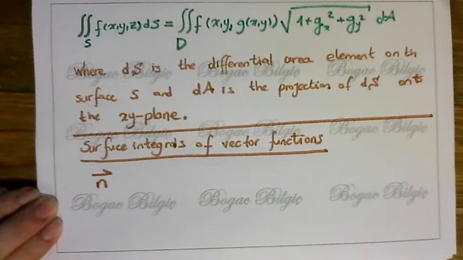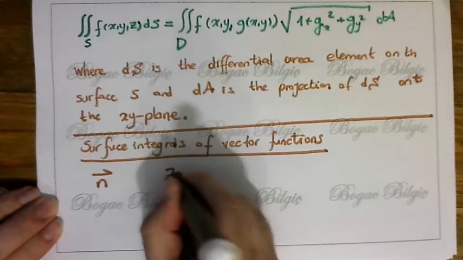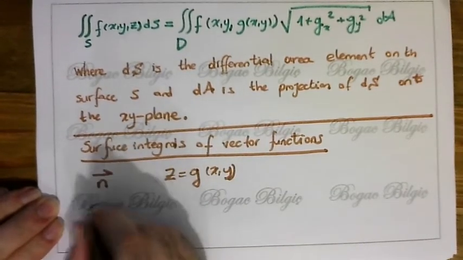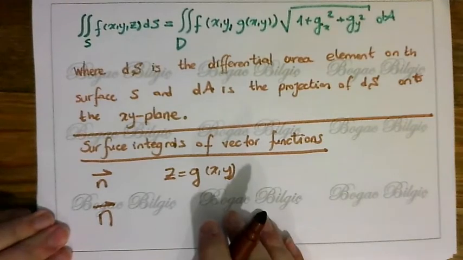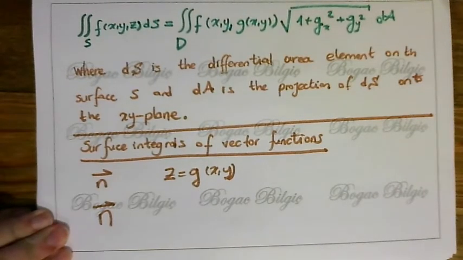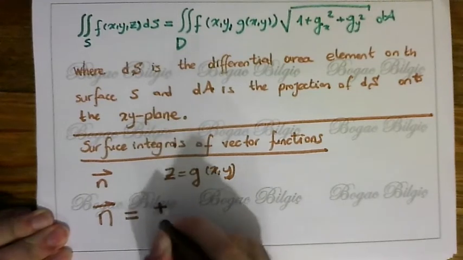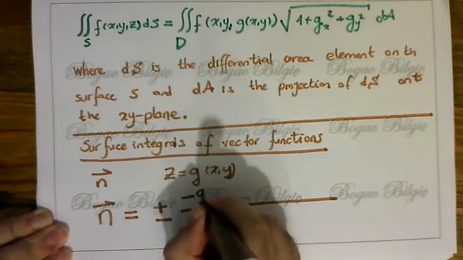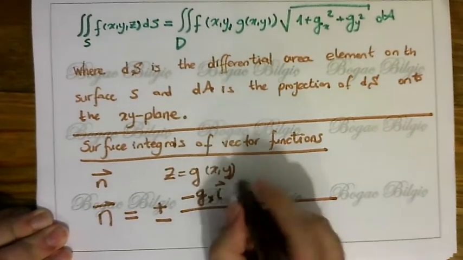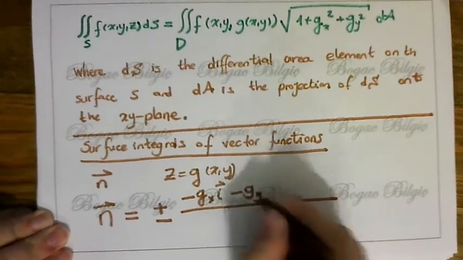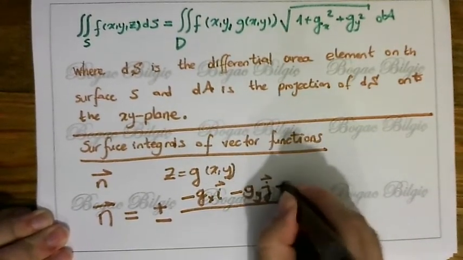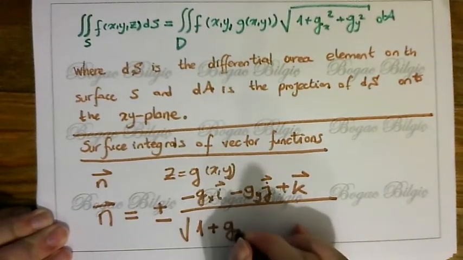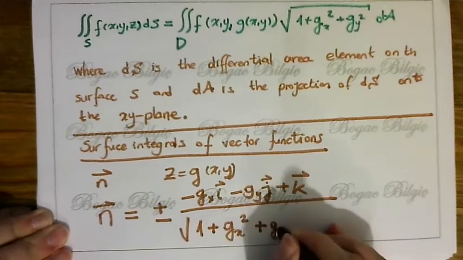For example, if we define n vector on the smooth surface z equals g(x, y), the normal vector is plus or minus (g_x i minus g_y j plus k) divided by the square root of 1 plus g_x squared plus g_y squared.